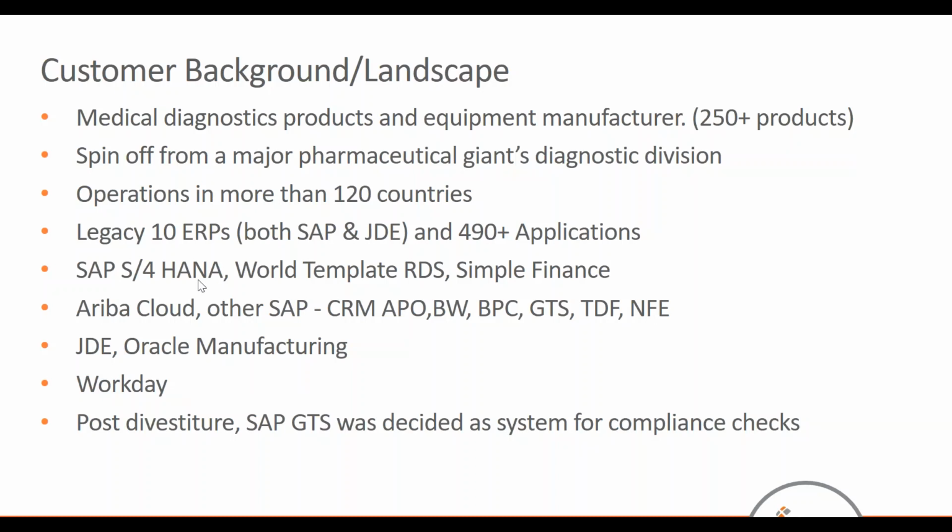Towards that goal, the customer chose SAP S/4HANA and Simple Finance and other products in Ariba Cloud, and we have the SCM suite of products here. So those were their applications in their new landscape. And post divestiture, SAP GTS was decided as their system for trade and compliance checks.